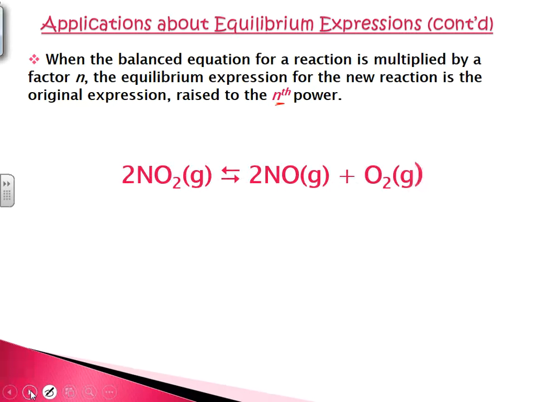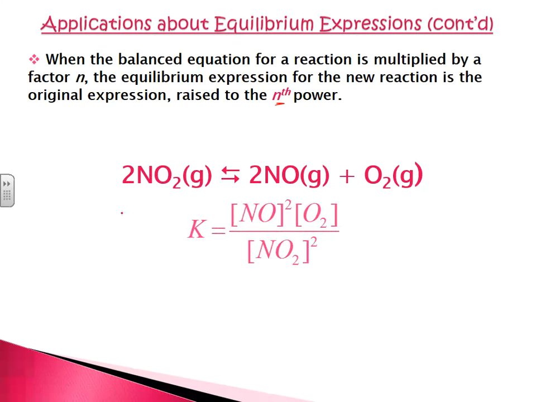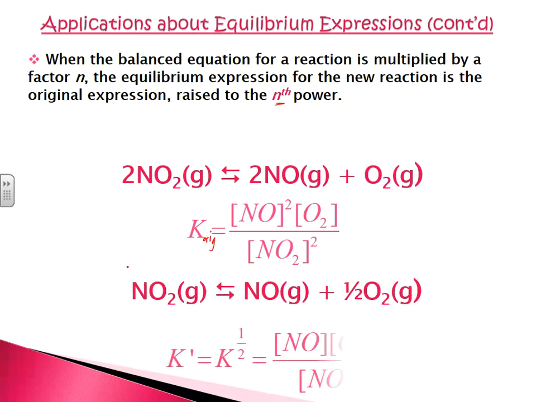So going back to that same example we looked at a few minutes ago, this being the original, if I compare this new reaction to the original, what we've done is taken the same reaction, but they've basically multiplied by 1/2 or divided by 2. I know this is not normally how we would see this, but just to show you the point about what you would do if you see a related reaction. And all they've done is multiply the new reaction by some integer.